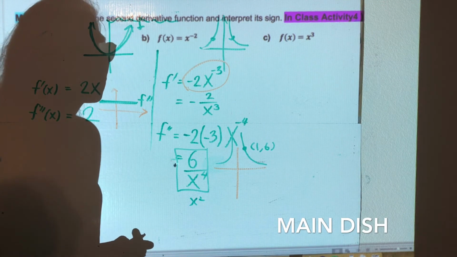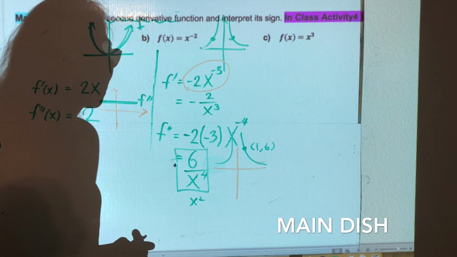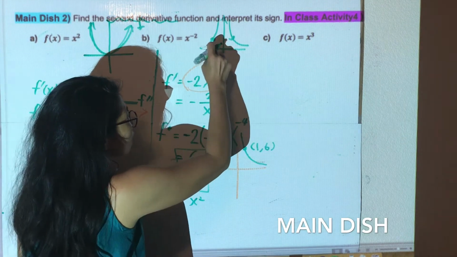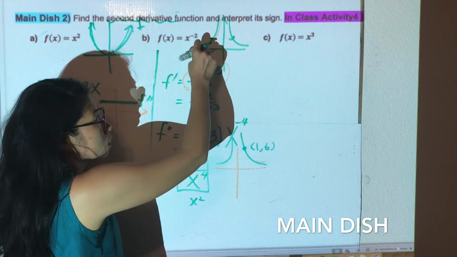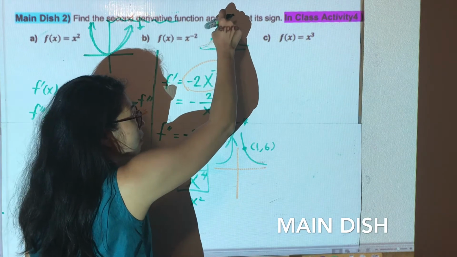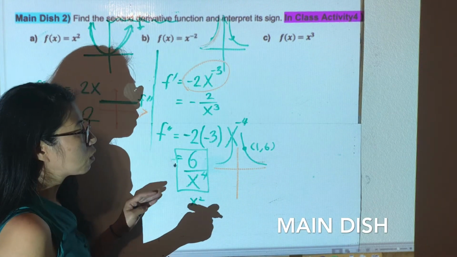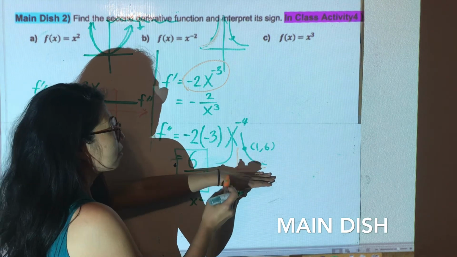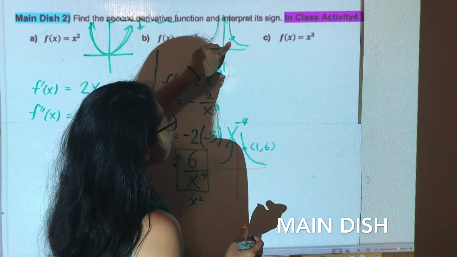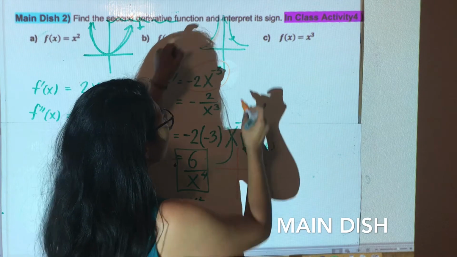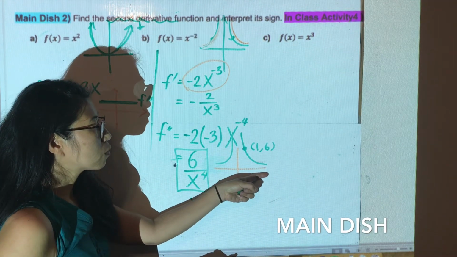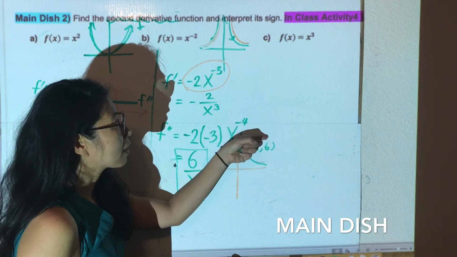Then let's talk about what the function says. So look at here. Is this concave up or down, class? Original function is concave up. Then my function of the second derivative has to be above the x-axis. Same thing, if my function is concave up, then also the second derivative will be above the x-axis.